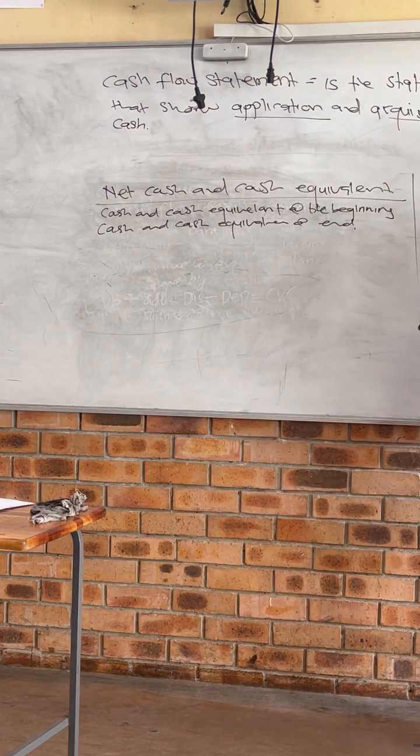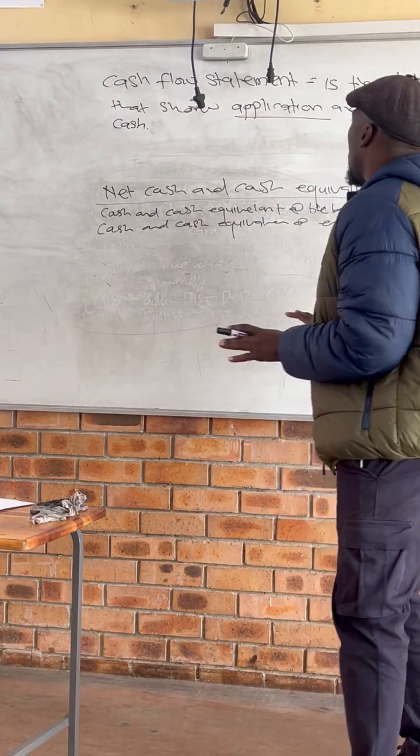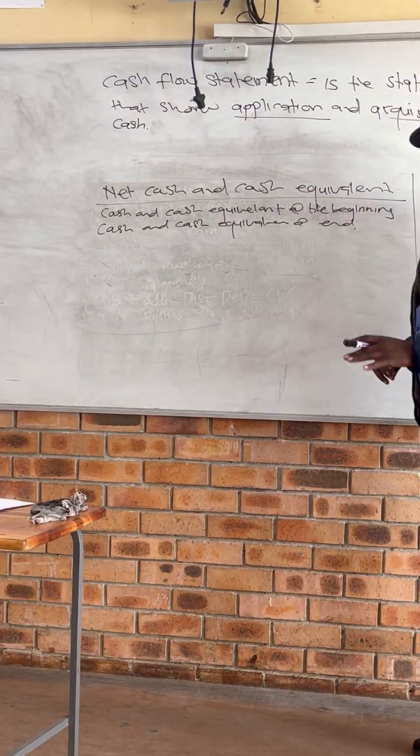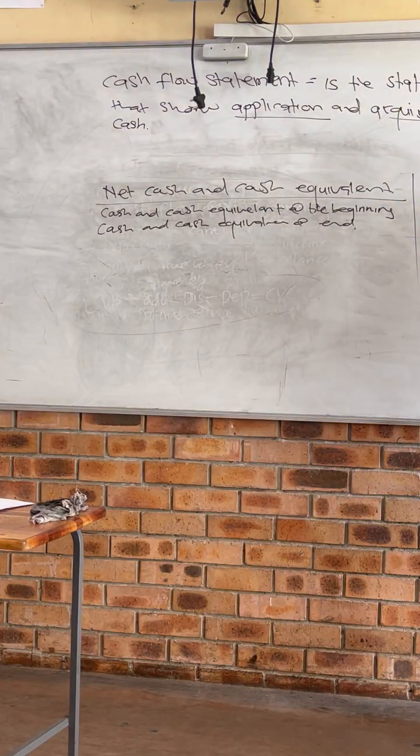Okay, guys, before we even go to this, I wanted to make it simple for you, so whenever we go back, you always refer to your notes on how to get this one.